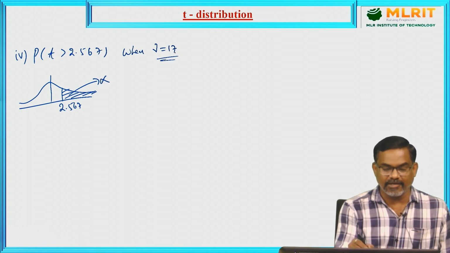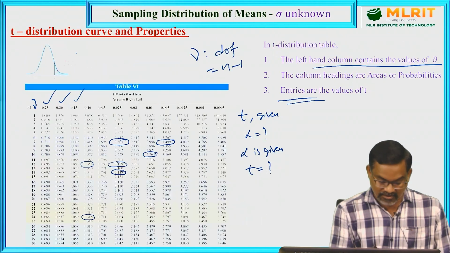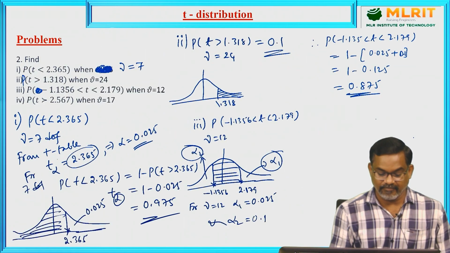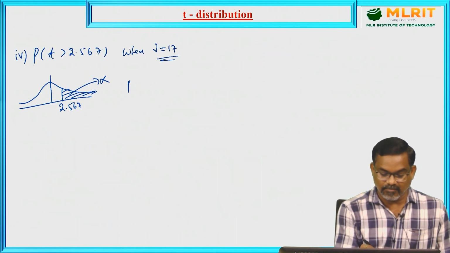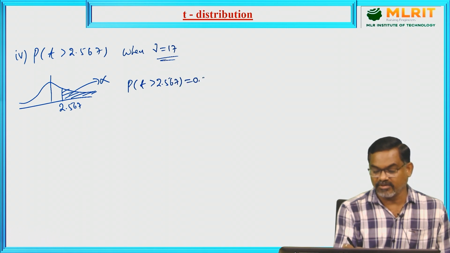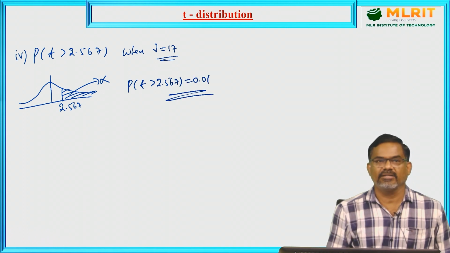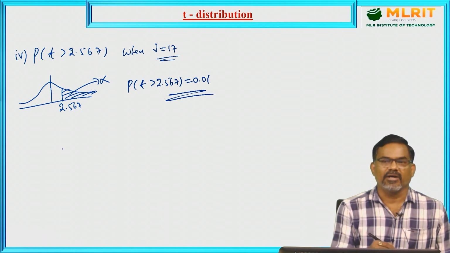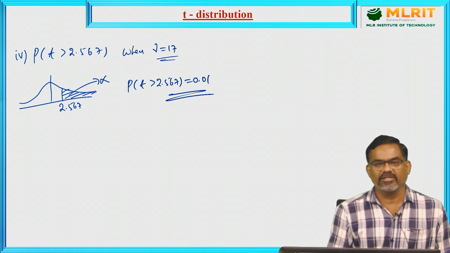For 17 degrees of freedom and 2.567, here we have 0.01. So, the probability of t greater than 2.567 is 0.01. Like this, we can find the area under the t curve if t values are given. Similarly, if area is given, we can obtain t values from the entries of the t distribution table.